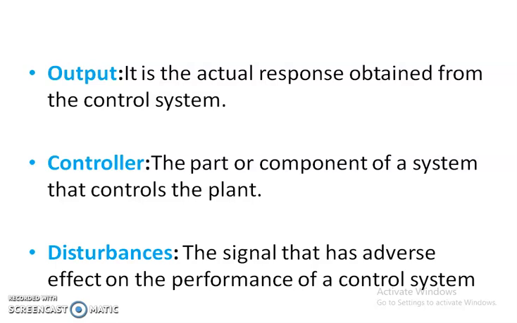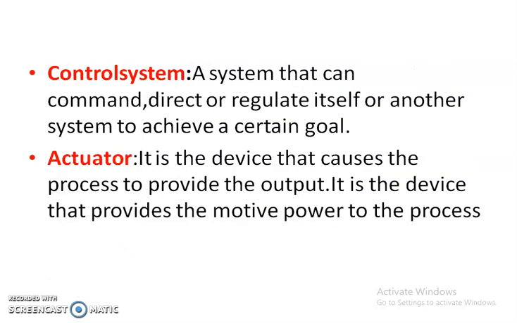Next term is controller. The part or component of a system that controls the plant. Next, disturbances. The signal that has an adverse effect on the performance of a system is known as disturbance. Next, control system.